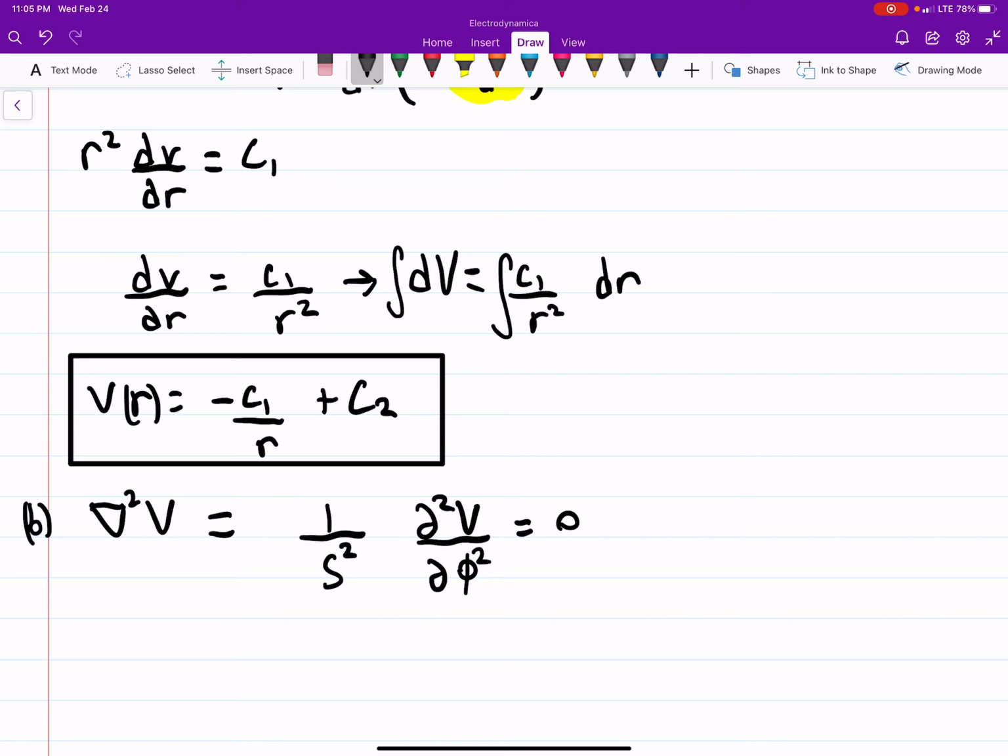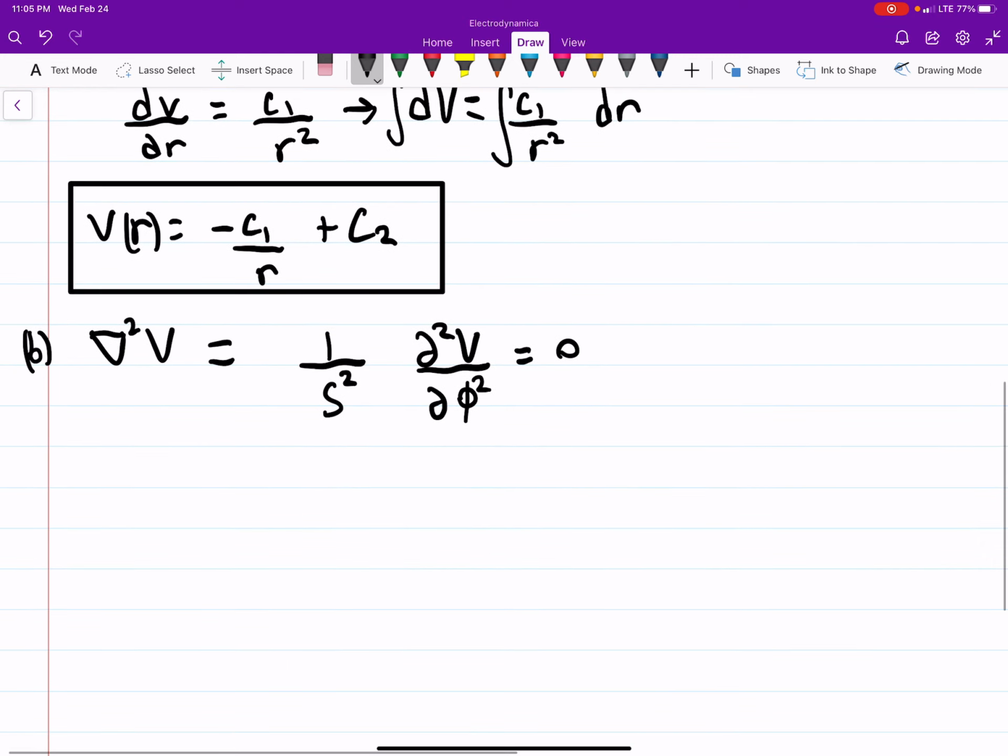Just like before, using the same reasoning, 1 over s squared dV d phi should equal a constant, which I'll call c3. Because if I do a second derivative, if that's equal to a constant and then I take another derivative of it, that's going to get me 0.